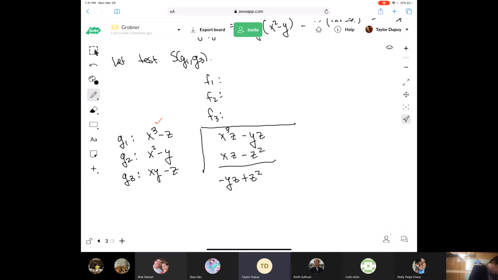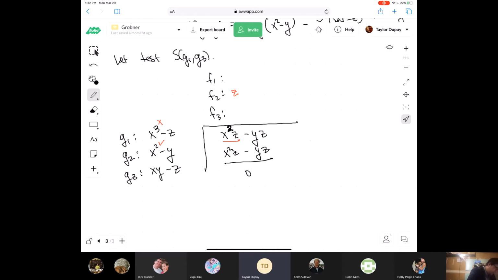Okay, let me just start over here. This is a square actually, so this one doesn't divide. We first check this, this one doesn't work, this one works. So this is a z, and then we get x squared z minus yz.